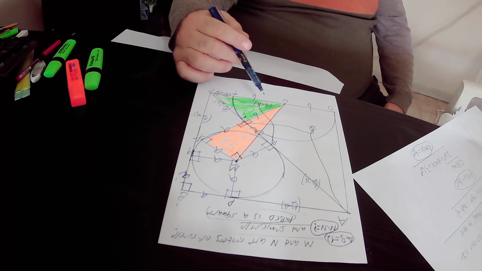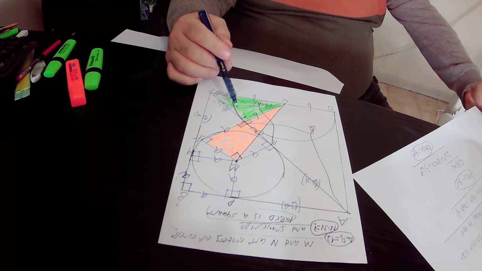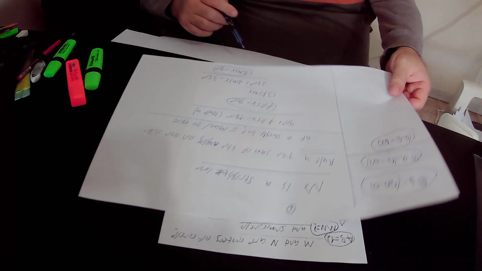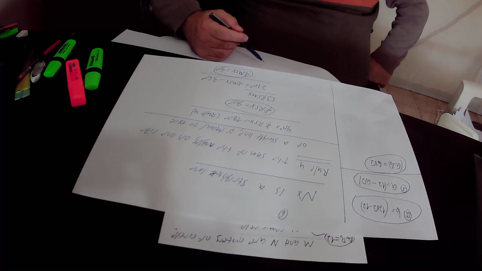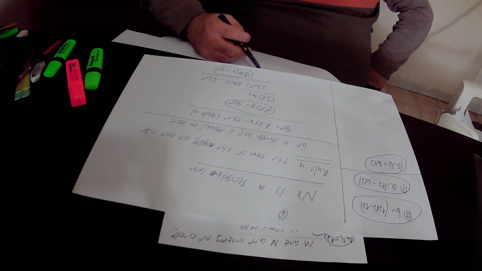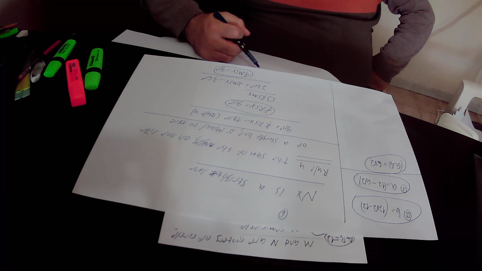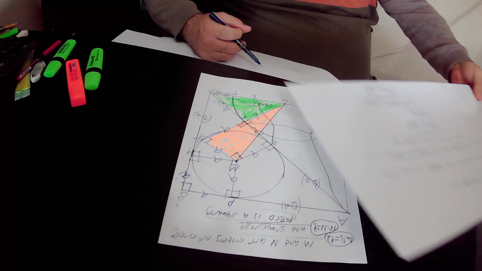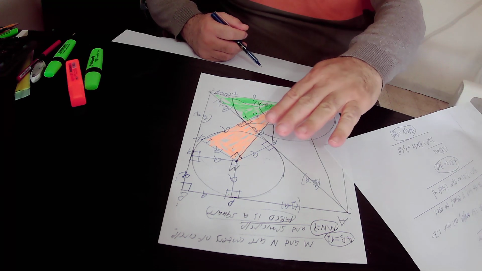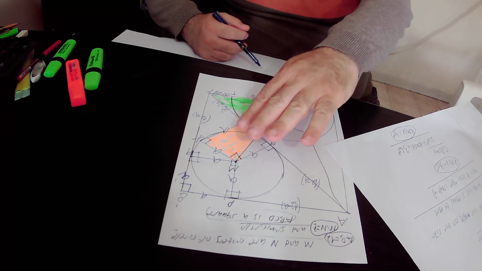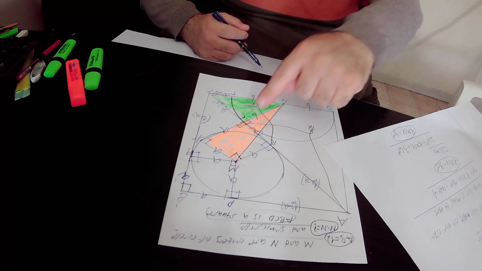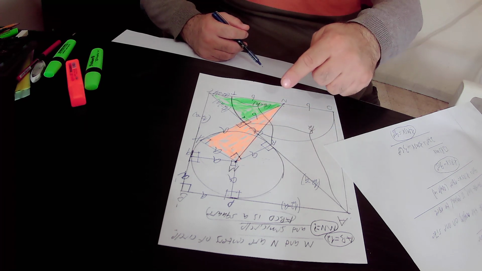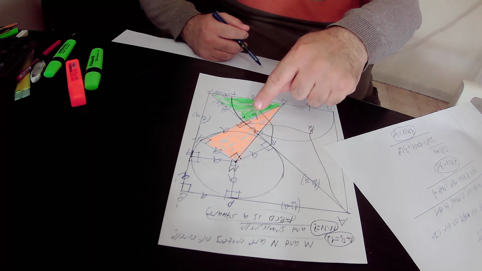That is to say, NX is a straight line, and we have rule number 4 that states that the sum of the angles on one side of a straight line is equal to 180 degrees. So here, if you focus on this side of the straight line NX at point S, which angles do we have at point S?